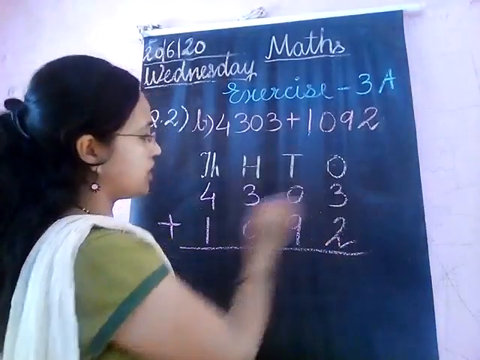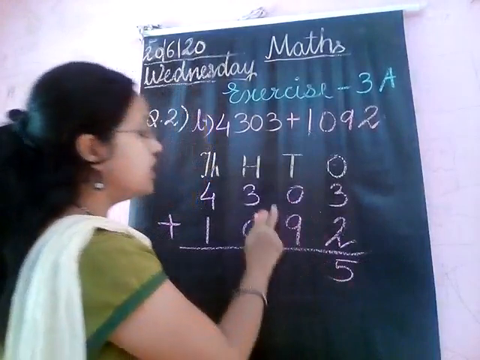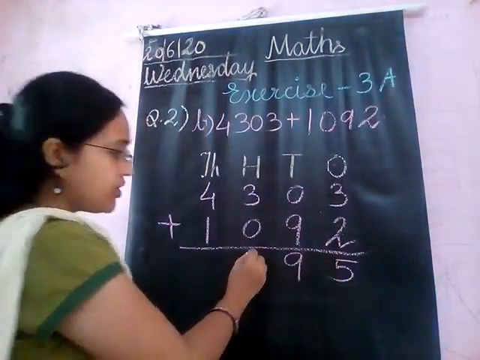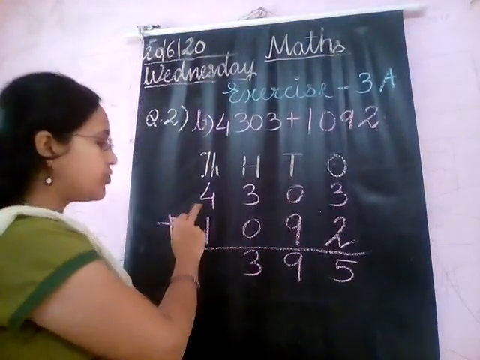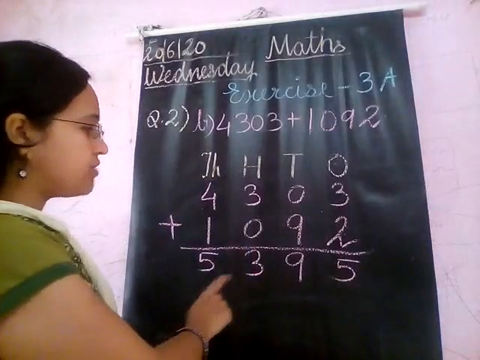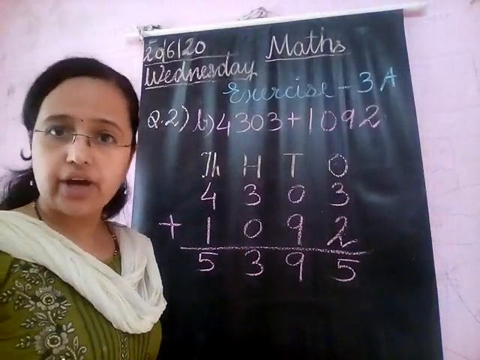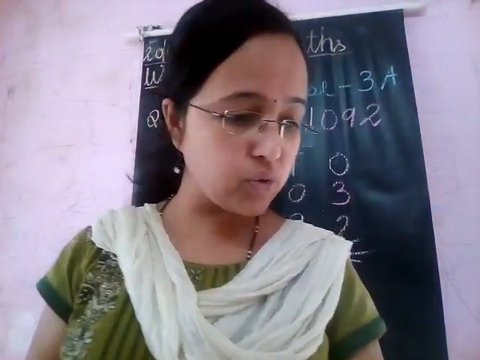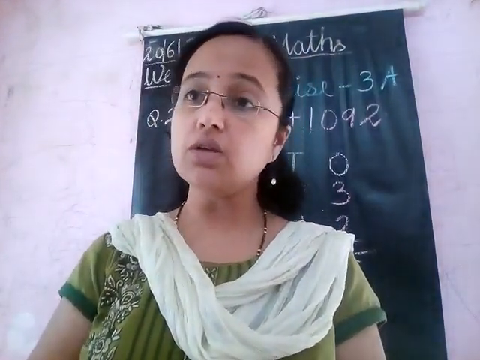So 3 plus 2 gives 5. 0 plus 9 gives 9 only. 3 plus 0 gives 3. And 4 plus 1, 5. So we got the answer 5395. Clear? So remaining sums you have to do in your notebook.